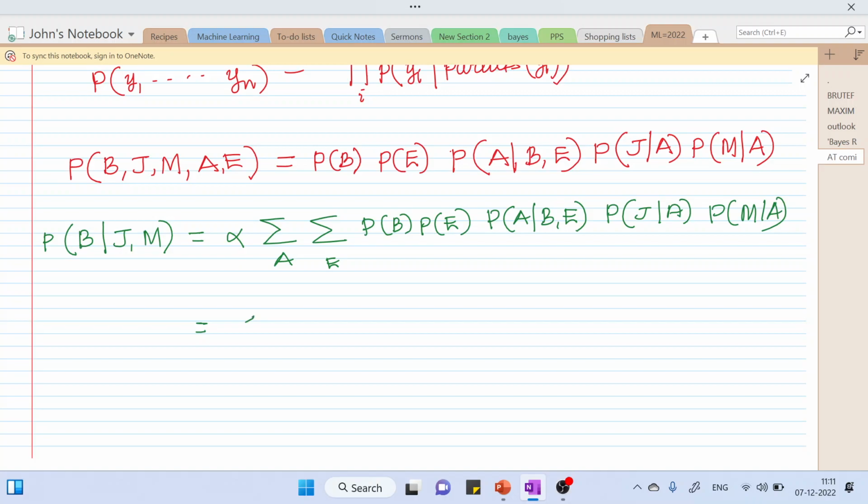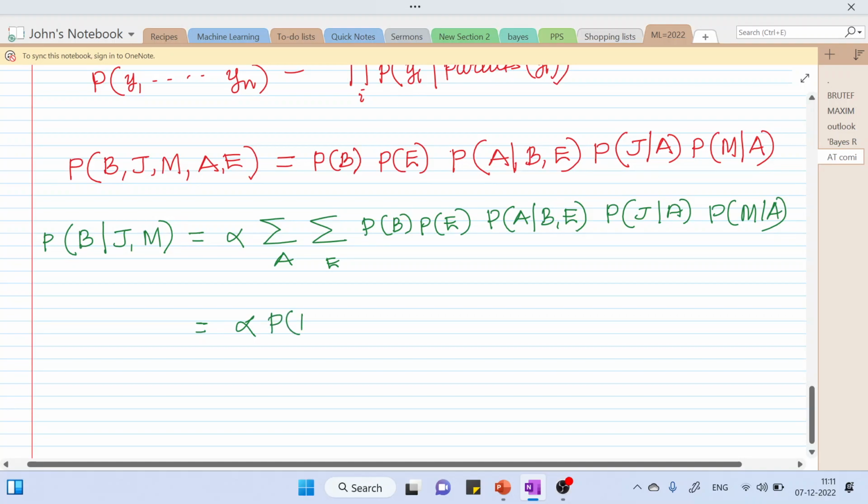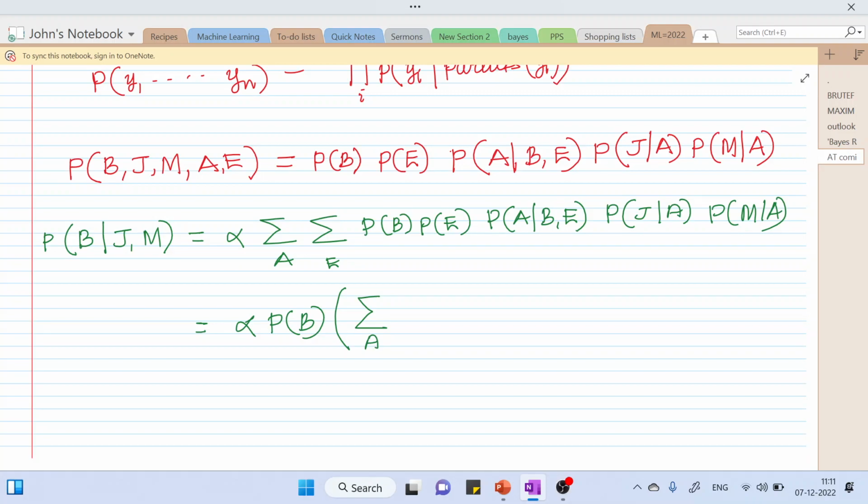So alpha into the probability of burglary, and let us write into it which are the events triggered by alarm: the probability that J calls into the probability of Mary calls triggered by the alarm, and this alarm is triggered by whom? Earthquake.